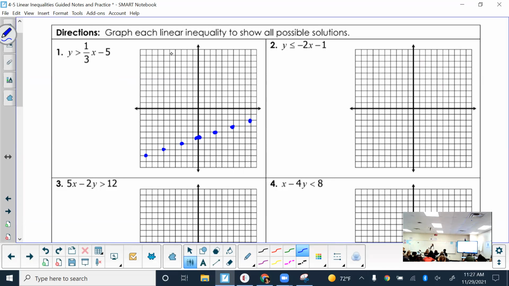How do you know if it's dashed or solid? The symbol tells you. It doesn't have that equal to part in it. So is it dashed or solid? Dashed. Good. So connect it with a dashed line.